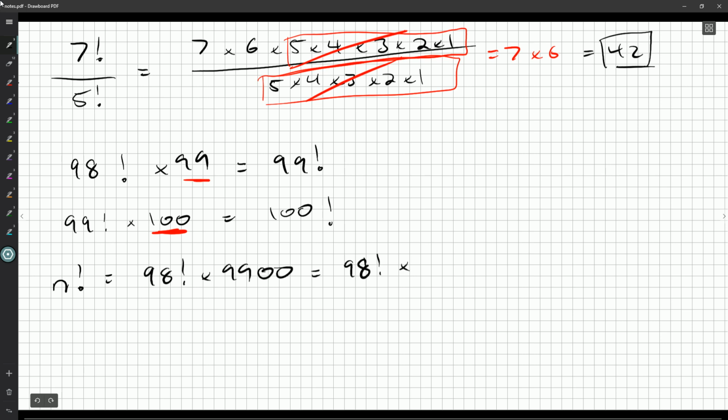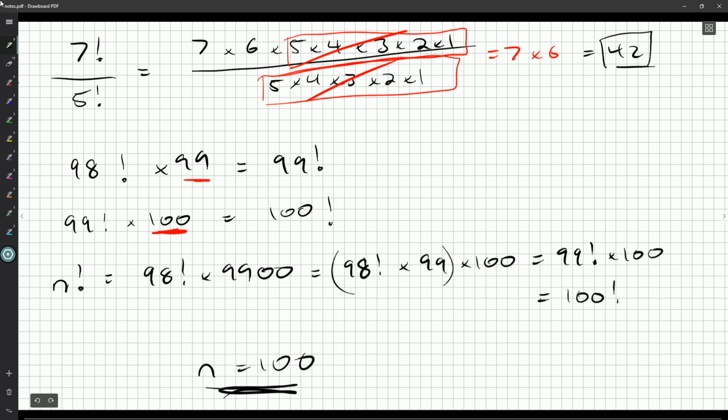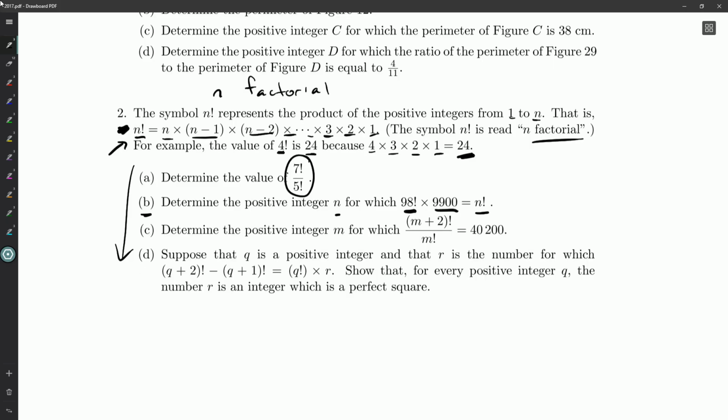So if we split this up into 99 times 100, then this part here turns into 99 factorial, and this part here turns into 100 factorial. So n would have to be 100, and there we go. A nice little value of 100 there. And we're sort of just getting comfortable exploring these factorials.